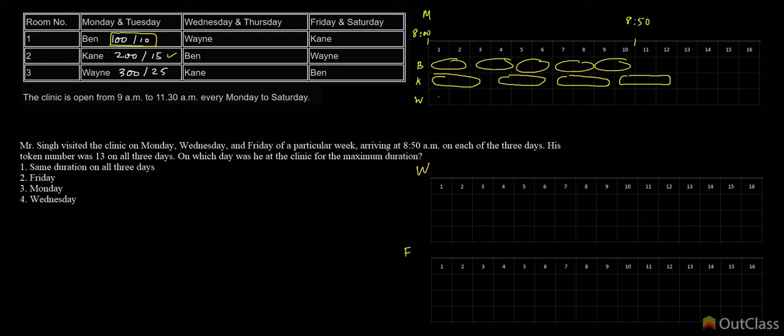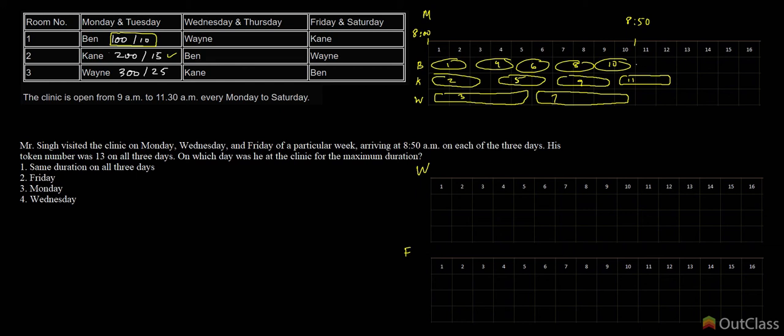Wayne would have done 1, 2, 3, 4, 5 and one more person. What you will notice is that you have already done, let's say 1, 2, 3, 4, 5, 6, 7, 8, 9, 10. 10 people have gone in and gone out. 11th person is still consulting. So 12 and 13 both will start at 8:50 itself.